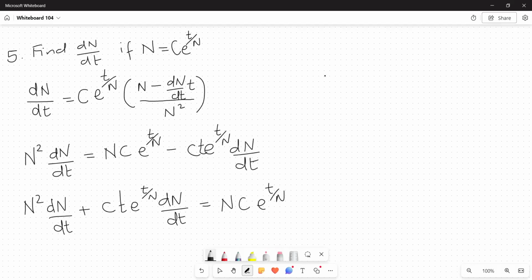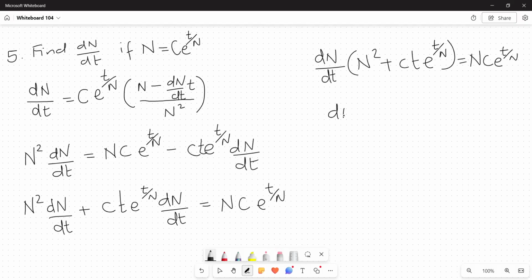Then if we factor out dn/dt, we have n squared plus c t e to the power of t over n, equal to nc e to the power of t over n.